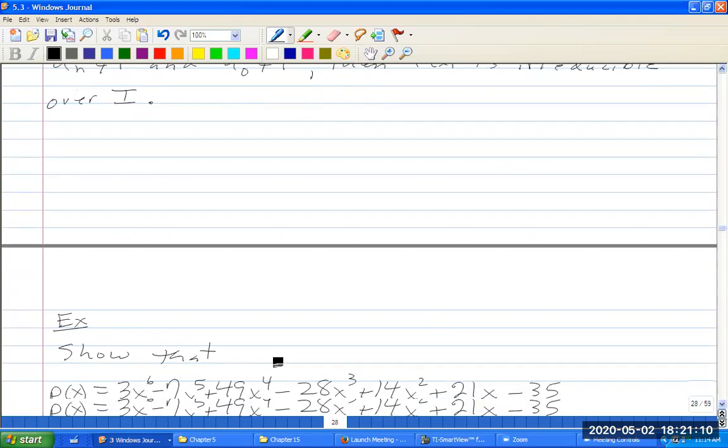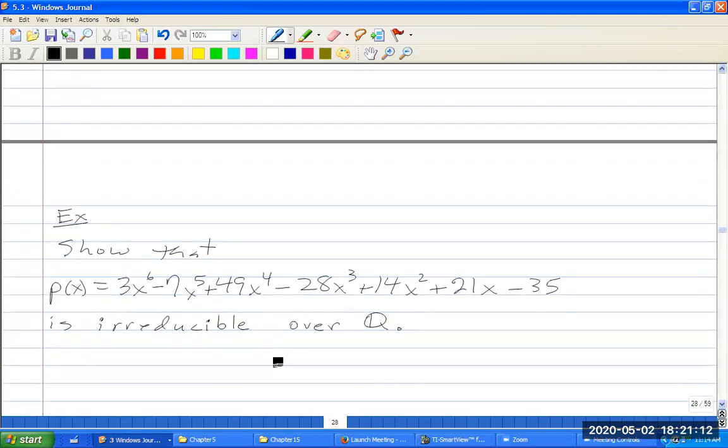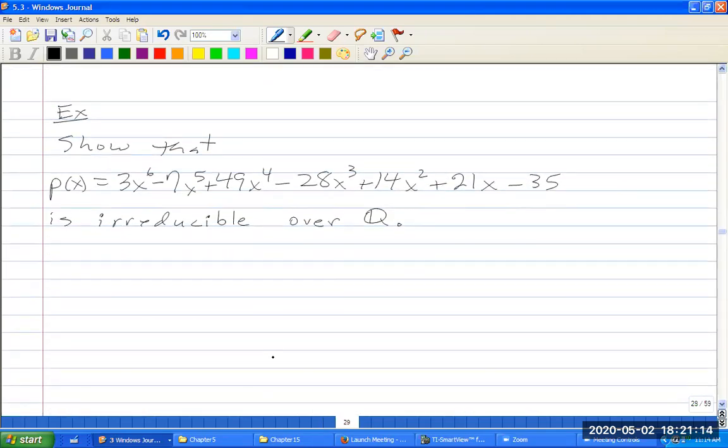So let's do some examples. Show that 3x to the 6th minus 7x to the 5th plus 49x to the 4th minus 28x to the 3rd plus 14x squared plus 21x minus 35 is irreducible over the rational numbers.